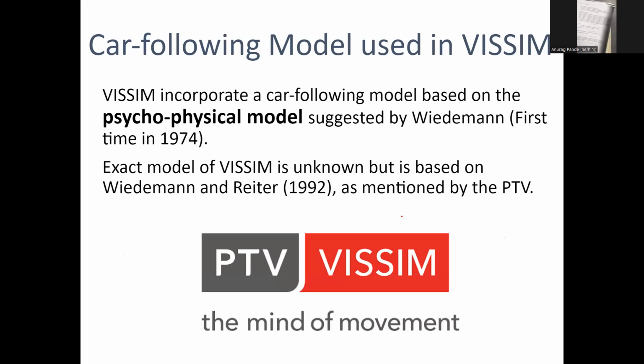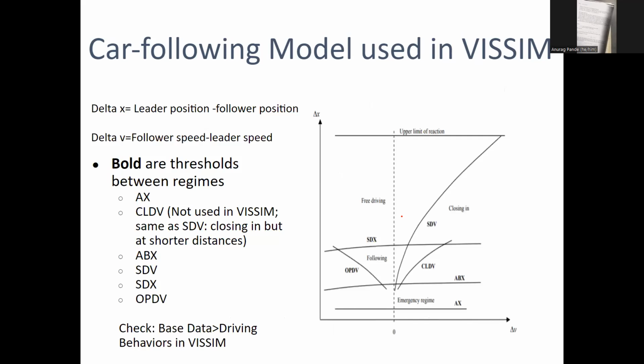But they have to tell you what they're using, so they say they are loosely based on the Wiedemann and Reiter 1992 study. Wiedemann proposed the psychophysical model, which was refined in the Wiedemann and Reiter 1992 study. That's what PTV says the VISSIM package uses, but they don't give you the exact parameters. That's okay, you don't have to know the exact parameters.